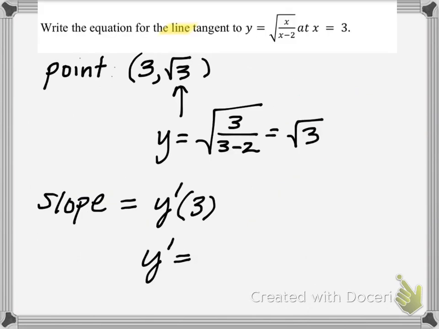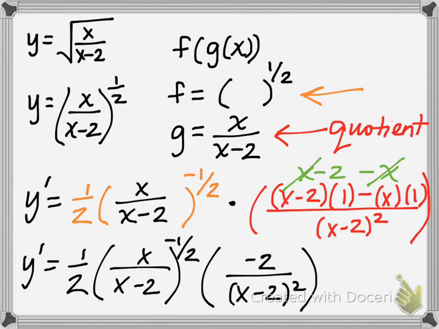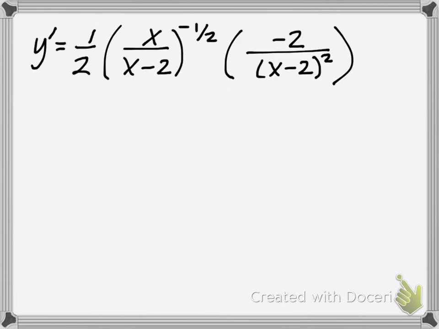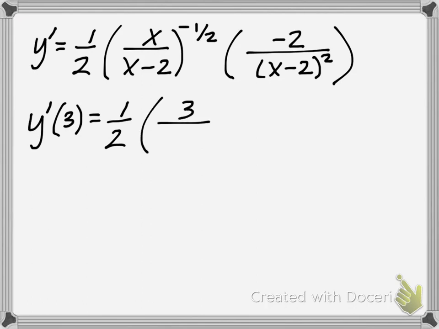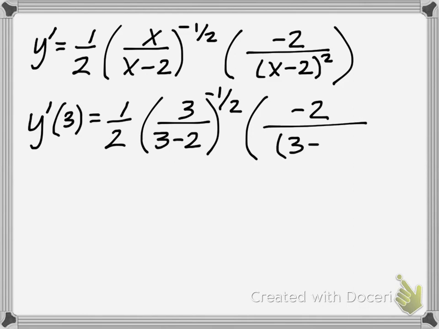Looking back at our goal, we need to compute the derivative at 3. So now we're going to go ahead and substitute 3 into this derivative. So substituting 3 into our derivative gives us 1/2 times the quantity 3 divided by 3 minus 2 to the negative 1/2 power times the quantity negative 2 divided by 3 minus 2 squared.